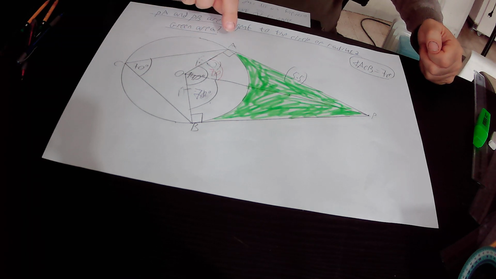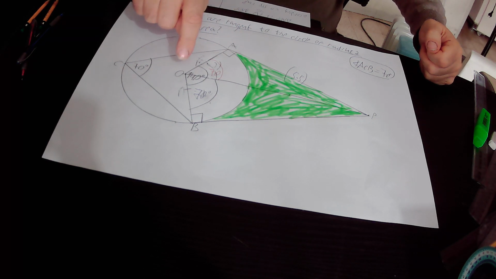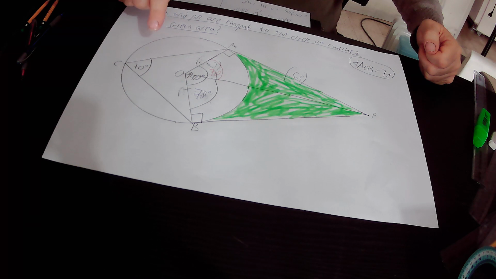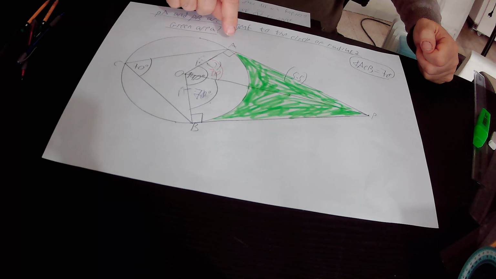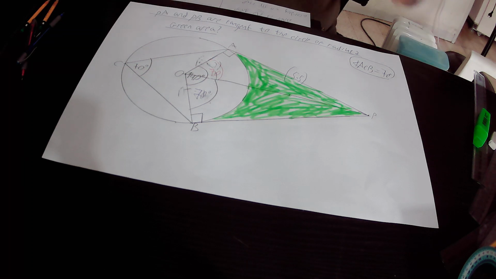The size of the peripheral angle ACB is 70 degrees, therefore the size of the central angle AOB must be equal to 70 degrees times 2, that is 140 degrees. So here we implemented rule 13 in our drawing.